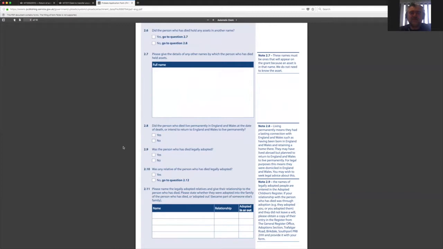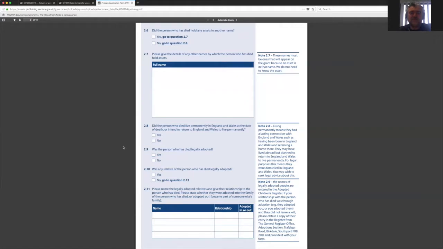You will need to bear this in mind later on when you come to question 4. You'll also see that the form focuses a lot on adopted children. If you are in that position, either someone adopted you or you adopted them, then the form asks for more information.